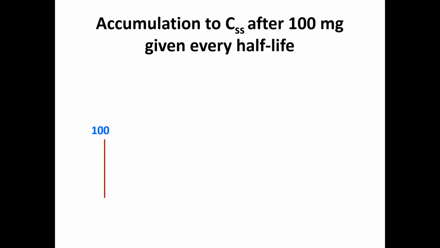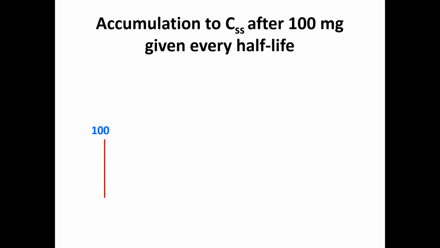Now the steady state concentration, CSS, is the concentration of the drug where at a certain point the rate of inflow of the drug through multiple dosing into the body becomes almost equal to the rate of excretion.